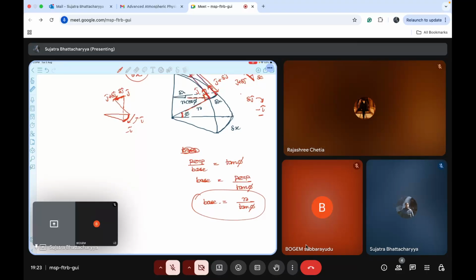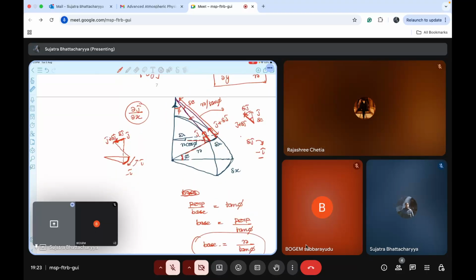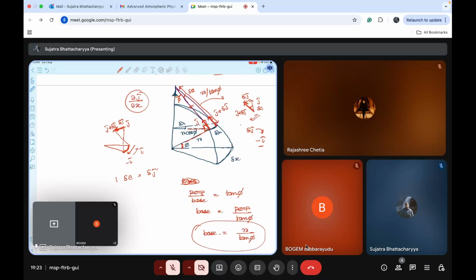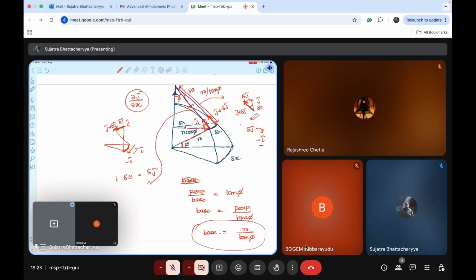So now let's talk about this part. So delta psi into 1 is nothing but delta j hat, the same way which we have done earlier. In the same way, this part can be written as delta psi into r by tan phi is equal to your delta x.